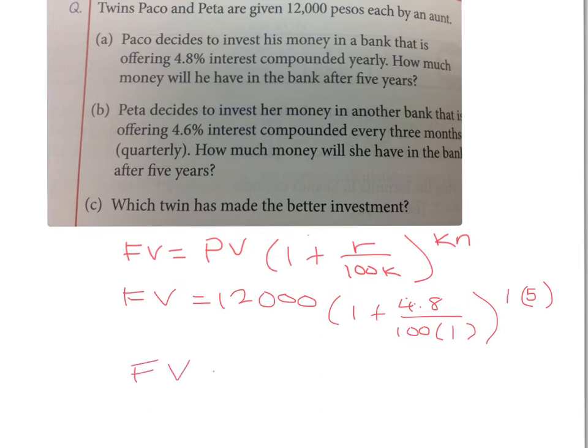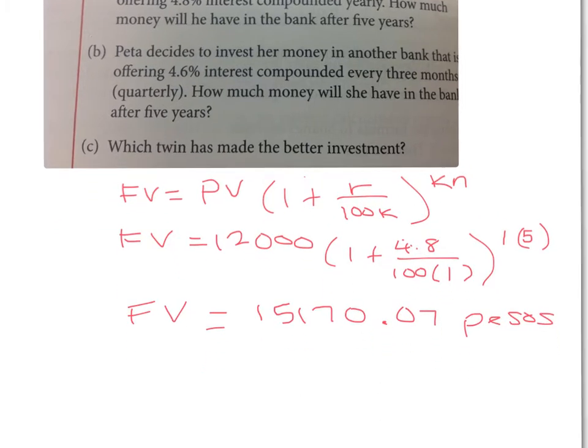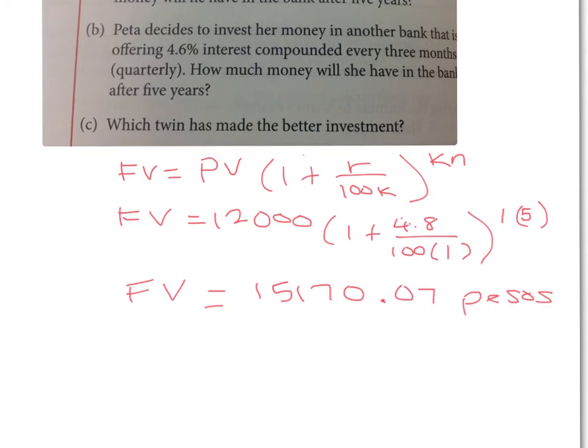So from there, we're just going to enter that into our calculator, and we see that Paco will have 15,170.07 pesos. Now to check for Peta's bank balance, we are going to, again, fill in what we know. She also starts with 12,000.